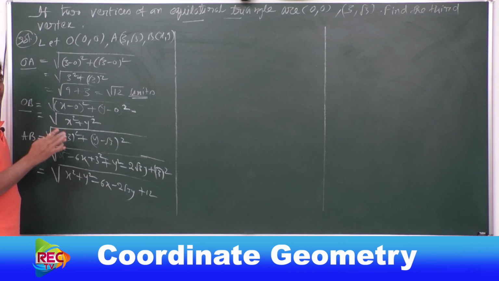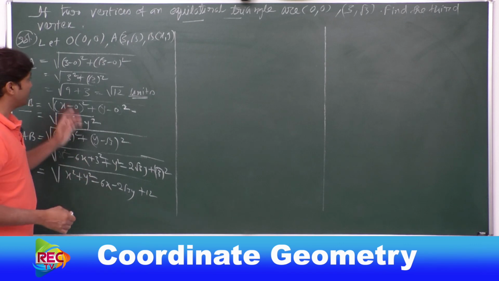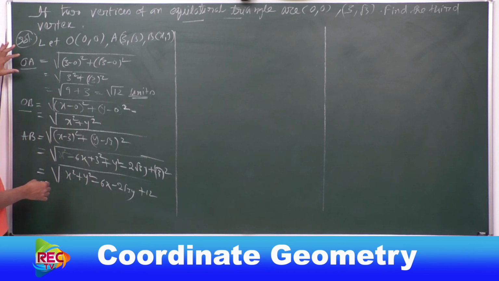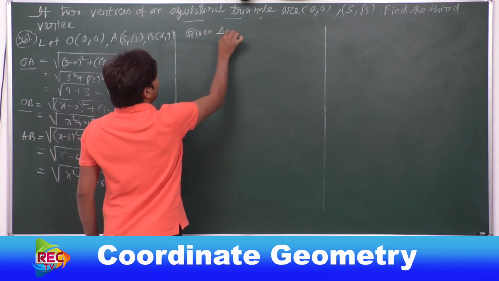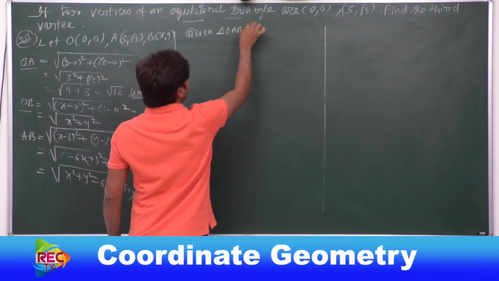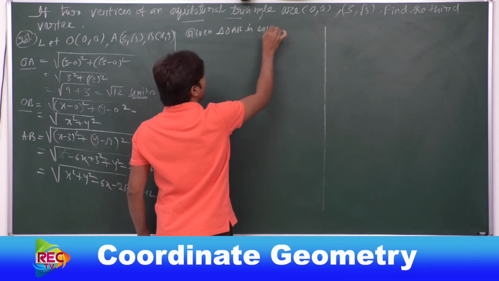So here we completed the first part. Here we found the values of the sides, meaning the lengths of the sides OA, OB and AB, given triangle OAB is an equilateral triangle.